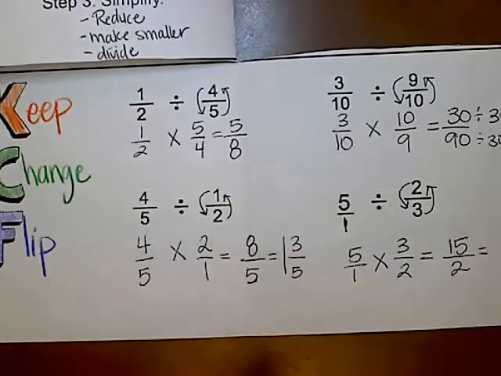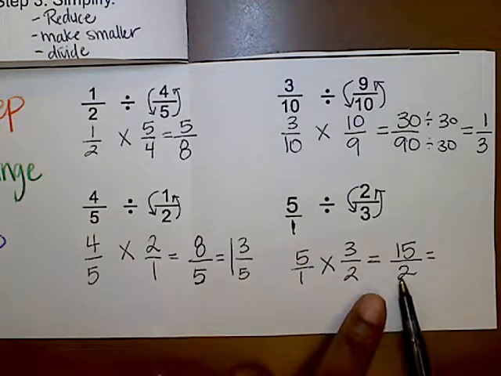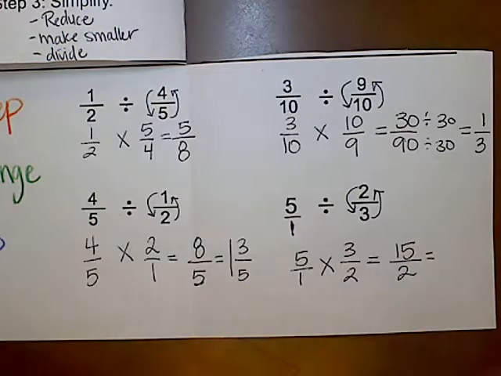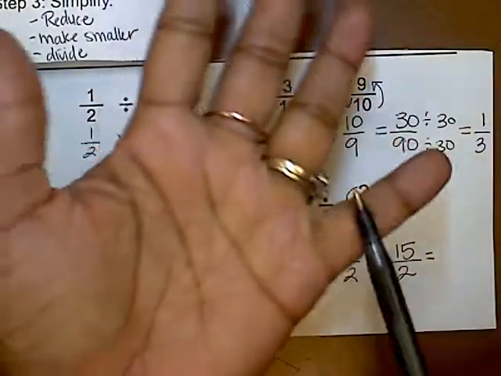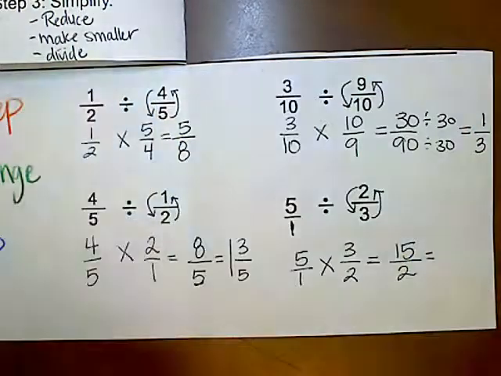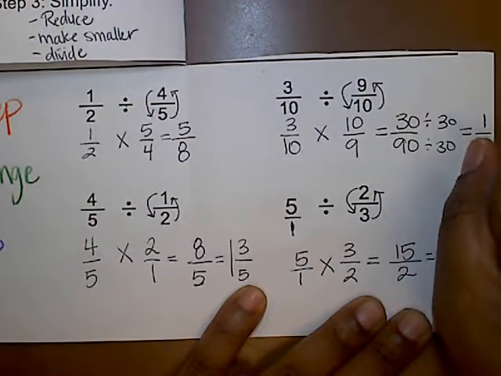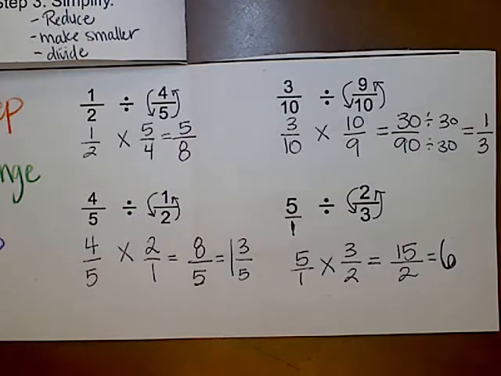And now again, this is an improper fraction that we want to turn into a mixed number or a proper fraction. So we need to see how many times 2 goes into 15. So you can just count on your fingers. 2, 4, 6, 8, 10, 12, 14. 14 will be a little too much, so let's go back to 12. So 6 times. And so 15 minus 12, because that is how many times it goes in there.